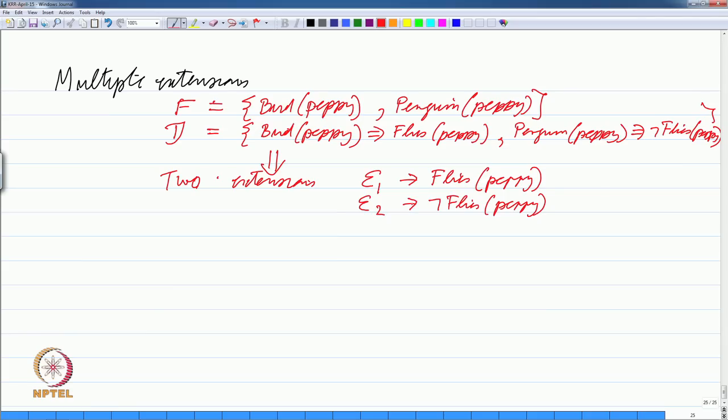Now, this is of course something that we have been encountering all along, that you can have ambiguous knowledge bases in which you can have different sets of beliefs which are allowed by the knowledge base essentially.